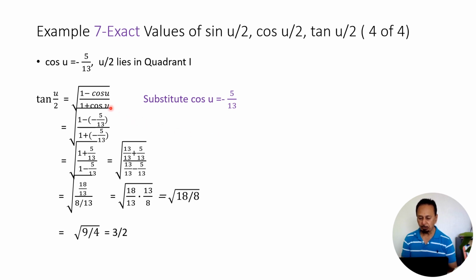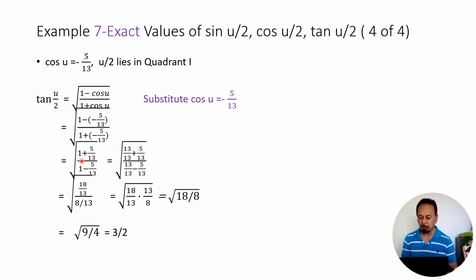Okay, next we're going to find tangent u over 2. So we apply this formula. Tangent u over 2 is the square root of 1 minus cosine u over 1 plus cosine u. Now cosine u is given negative 5 over 13. So this becomes square root of 1 minus negative 5 over 13 over 1 plus negative 5 over 13. So we simplify, we get 1 plus 5 over 13, and this becomes 1 minus 5 over 13.